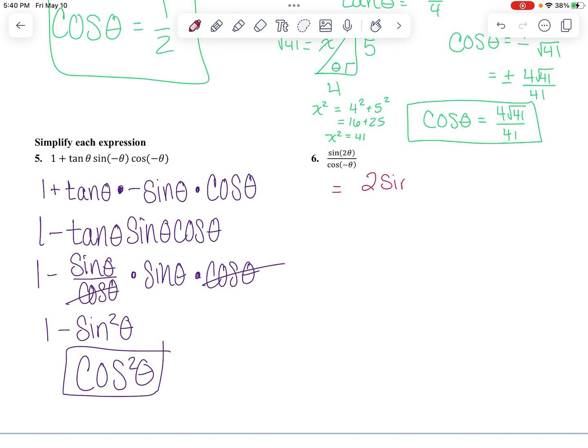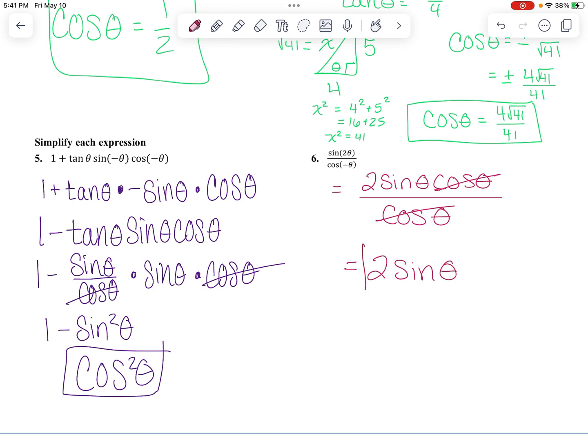So, this becomes 2 sine of theta, cosine of theta over cosine, the negative does not come out, it disappears, and so that just becomes cosine. Cosines cancel out, I'm left with 2 sine of theta.